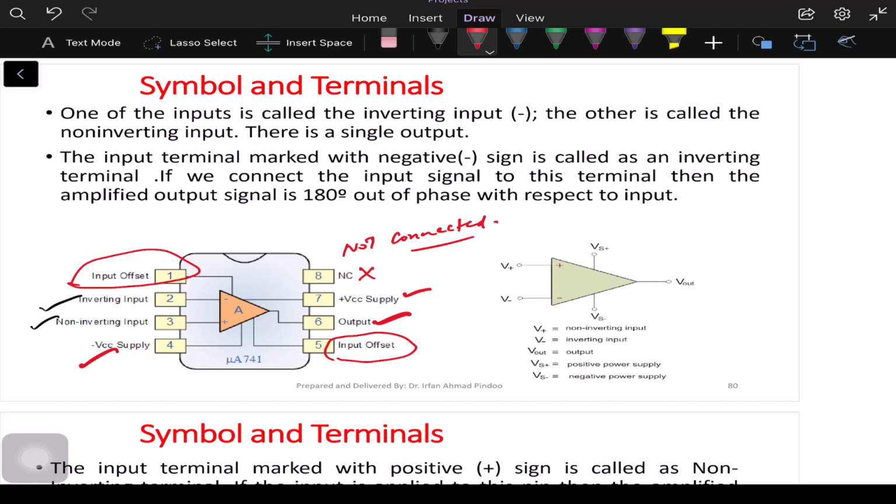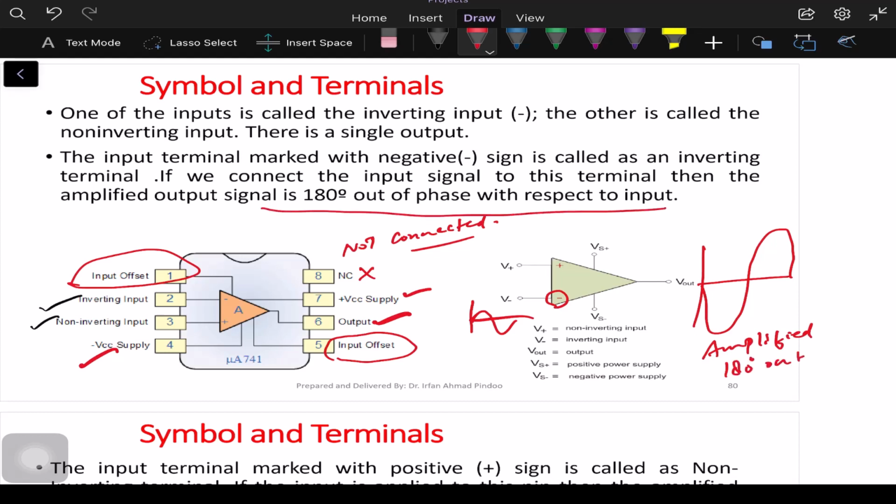Now let us understand what inverting and non-inverting input are. Inverting input means if you apply your input at the inverting terminal, then your output will be like this. Your output will be amplified, of course, because it is an amplifier op-amp, and it is 180 degrees out of phase.